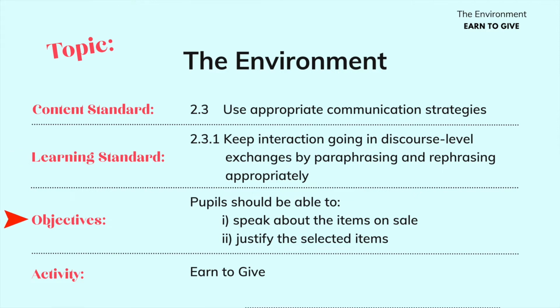The objective: pupils should be able to 1. Speak about the item on sale, 2. Justify the selected items. The activity is Learn to Give. This is a speaking lesson. The financial education element is money management and planning.